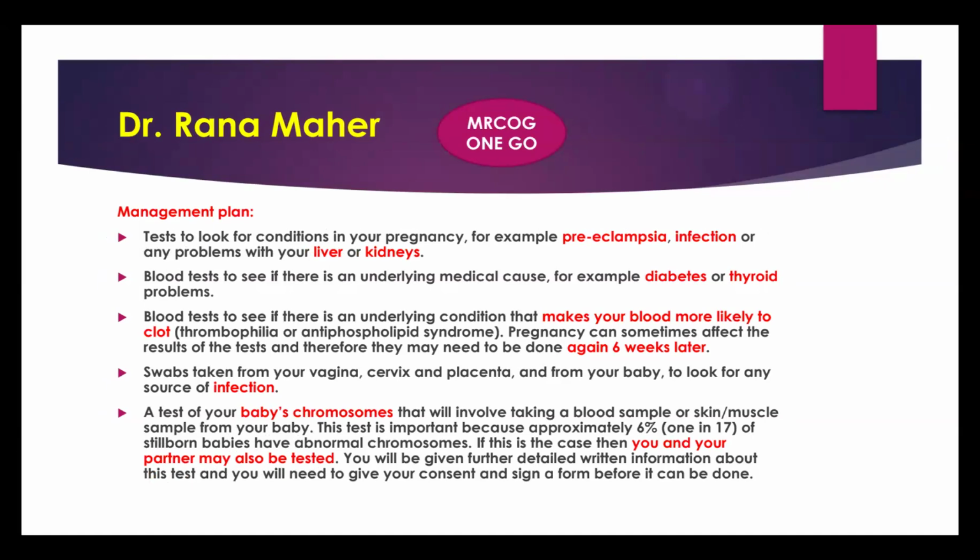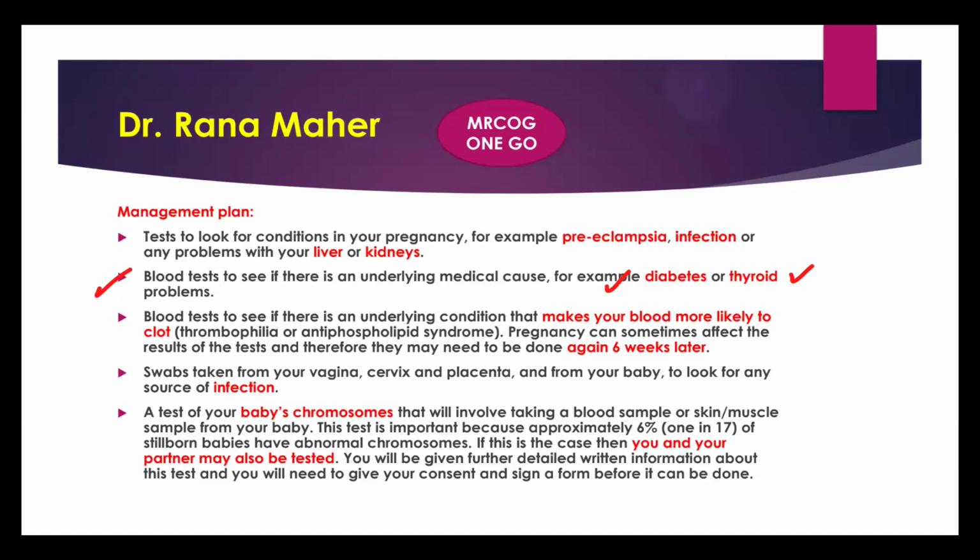We need to see how your liver and your kidneys work, and we will offer you some blood tests to see if you have a high blood sugar level, and also to check your thyroid function. The thyroid is a gland here in front of your neck. When you say thyroid, not all patients will know it, so say it's a gland in front of your neck. We will offer you some blood tests to see the function of this gland.